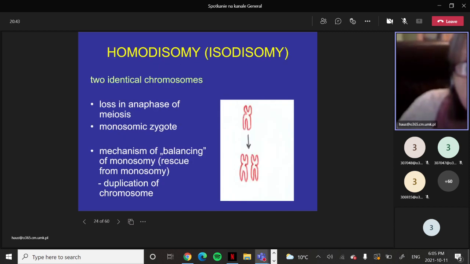And the second type of uniparental disomy, so-called homodisomy or isodisomy. Two identical chromosomes. It's iso, the same chromosomes.